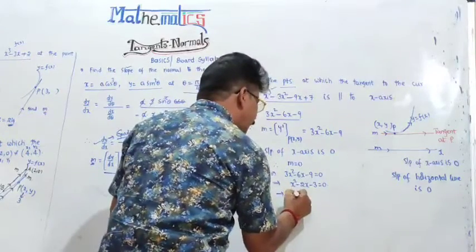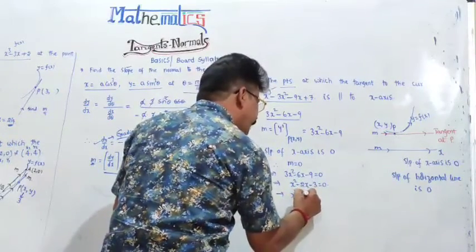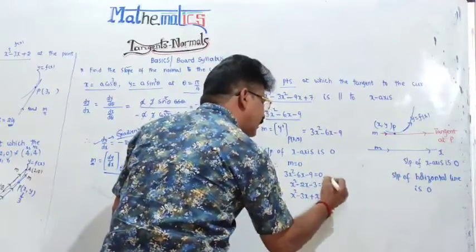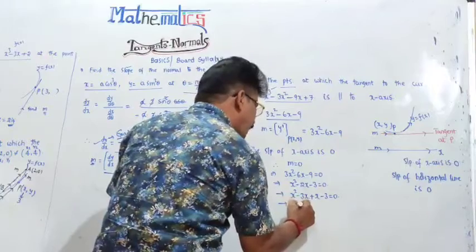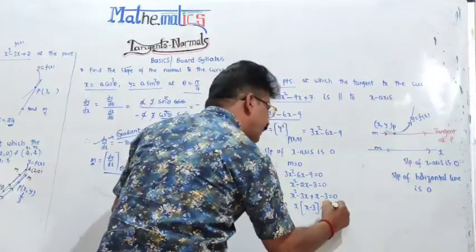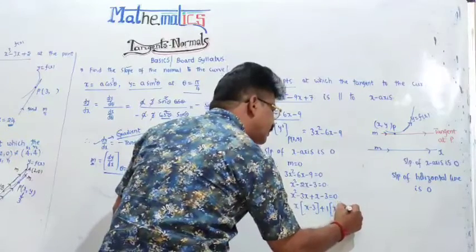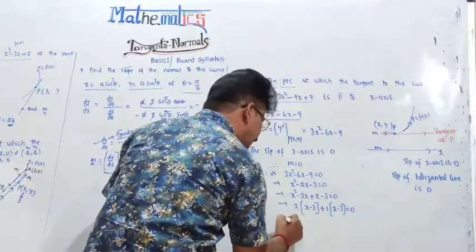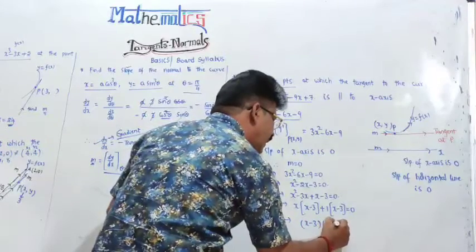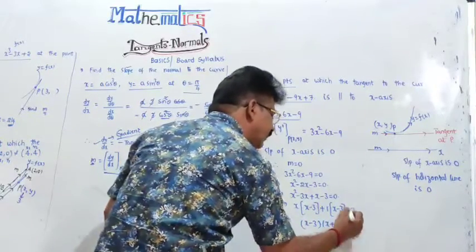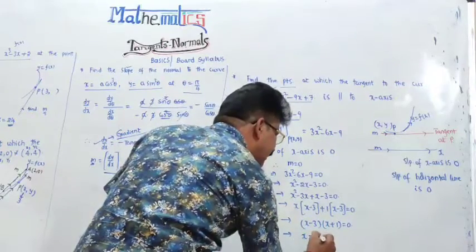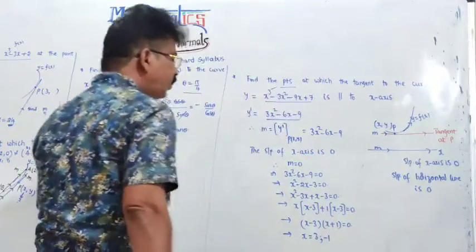So x square minus 3x plus x minus 3 equal to 0. So x into x minus 3 plus 1 into x minus 3 equal to 0. So x minus 3 into x plus 1 equal to 0. So that implies x equal to either 3 or minus 1.